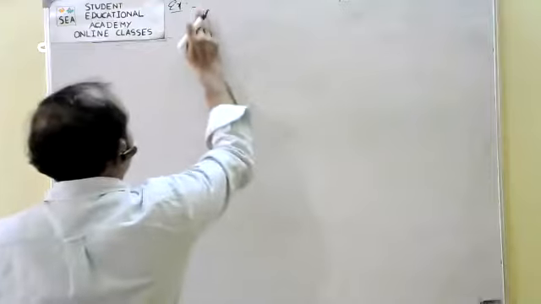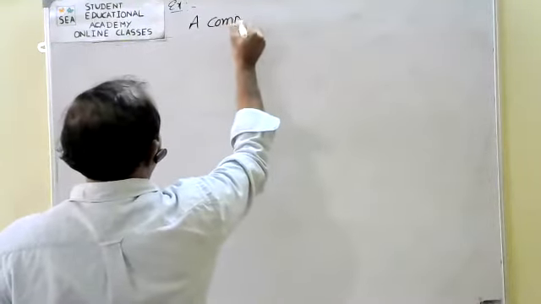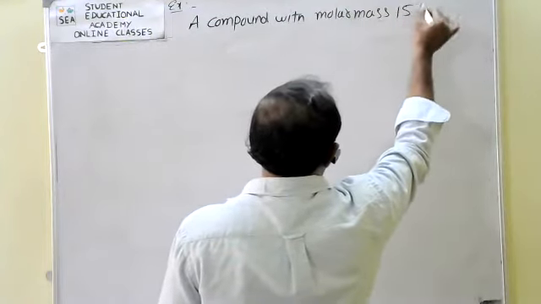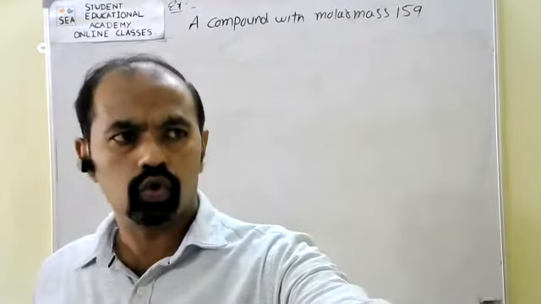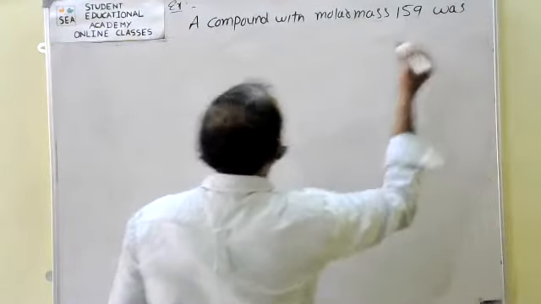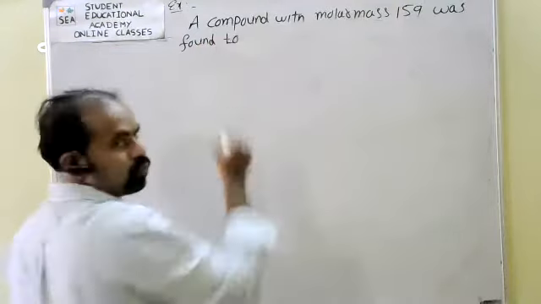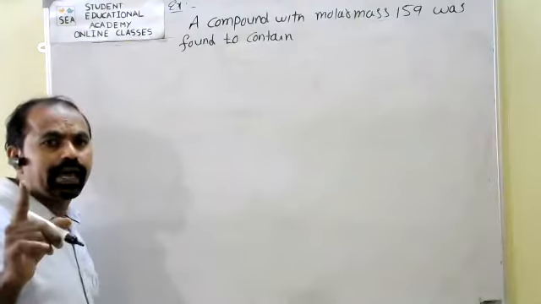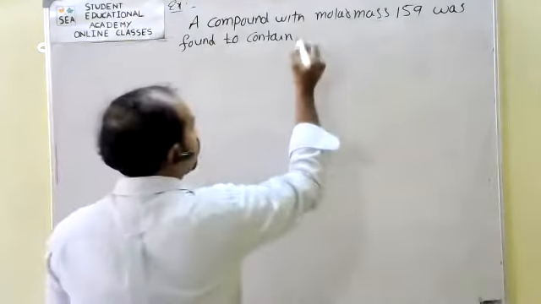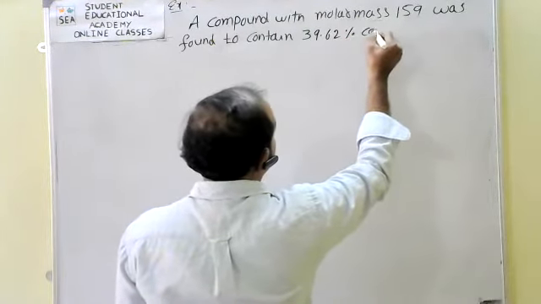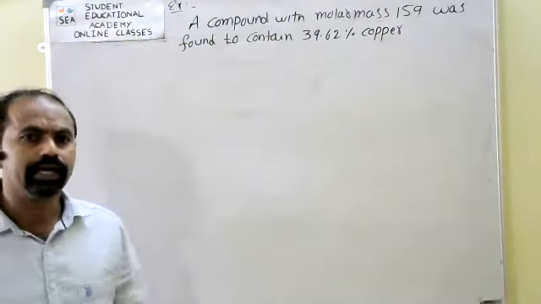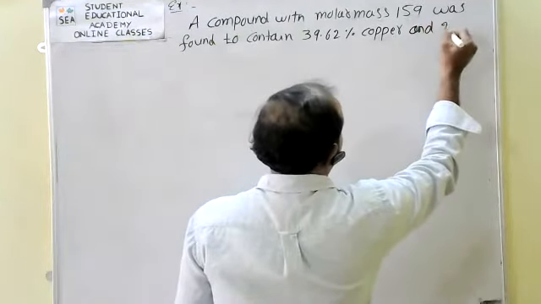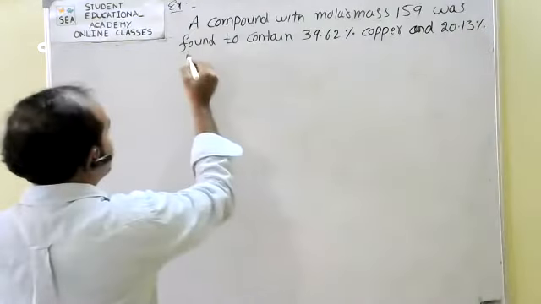A compound with molar mass 159 was found to contain 39.62% copper and 20.13% sulfur.